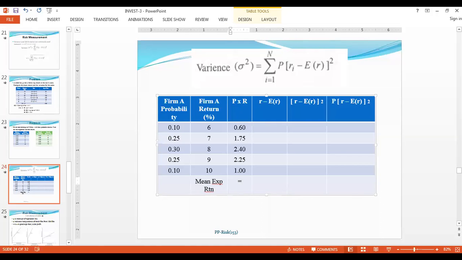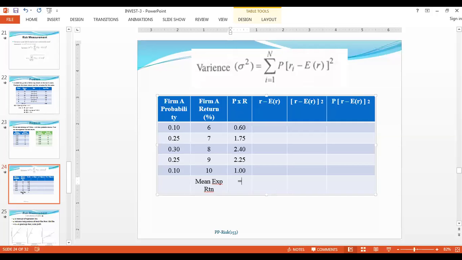I'll take the sum of this. Just add 0.6 and so on, you get 8. If you are getting confused, always put the denominator as 1 to find the mean return. So 8 divided by 1 is still 8, right?